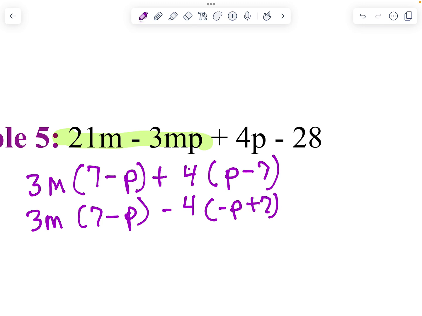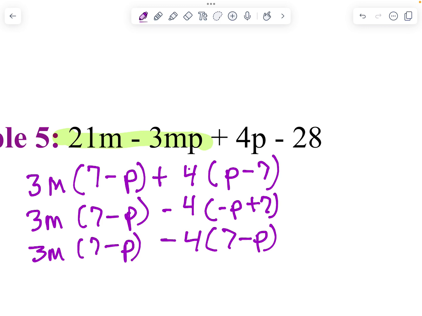Now, notice these are the same, aren't they? Because I could write it as 7 minus p, if you want to make it look the same. I like to make it look the same. So then we're going to factor out the 7 minus p. We're going to get 7 minus p times 3m minus 4. And there is your answer.